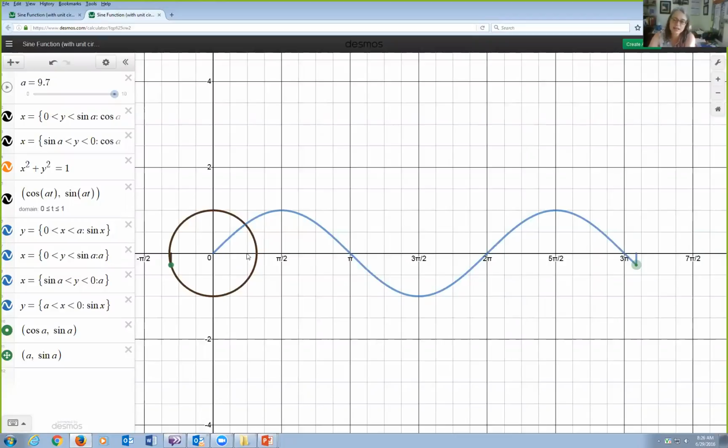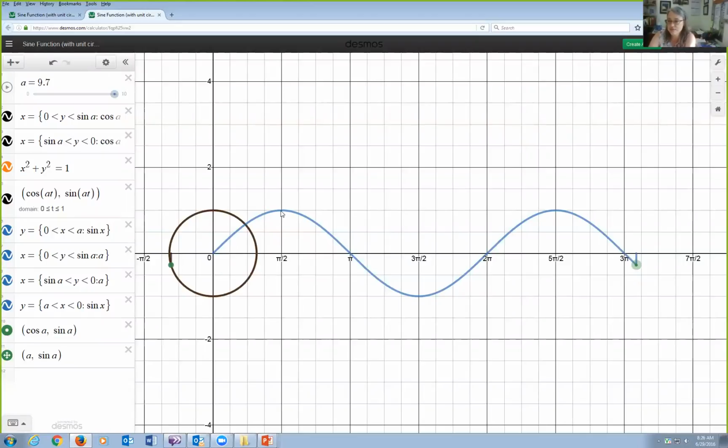If we want to look at the sine of, say, negative pi over 2, we know from this graph, and also from our knowledge of the unit circle, that the sine of pi over 2 is 1.